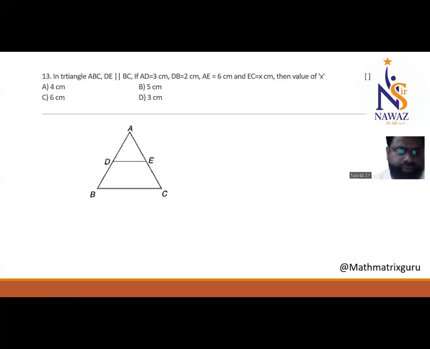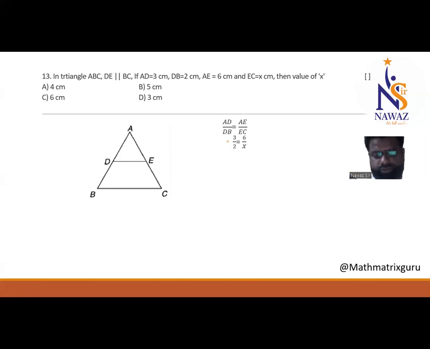13th question: in triangle ABC, DE is parallel to BC, and if AD is 3 centimeter, DB is 2 centimeter, AE is 6 centimeter, and EC is X centimeter, then the value of X is. Here we apply the basic proportionality theorem, BPT. So with that, AD by DB will be equal to AE by EC.